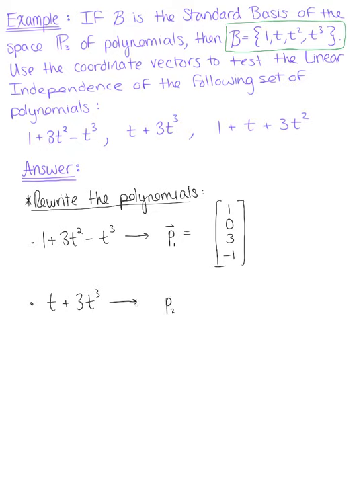So p sub 2 is the column vector 0, 1, 0, 3. And then last but not least, we have our third polynomial, 1 plus t plus 3t squared. And so p sub 3 is defined as 1, 1, 3, 0.